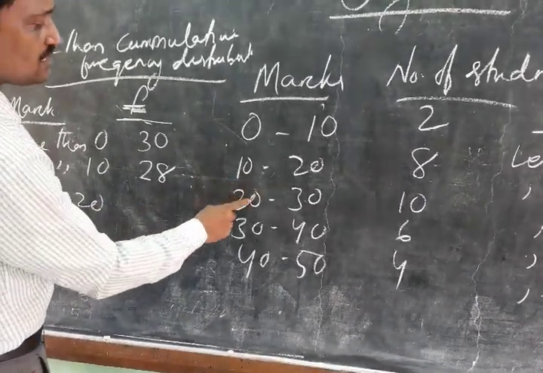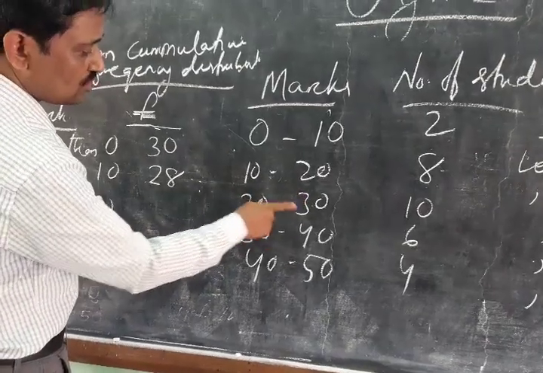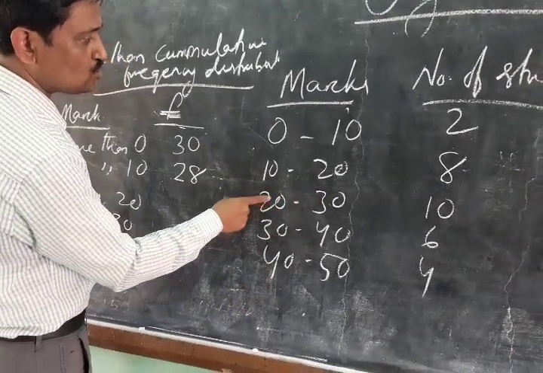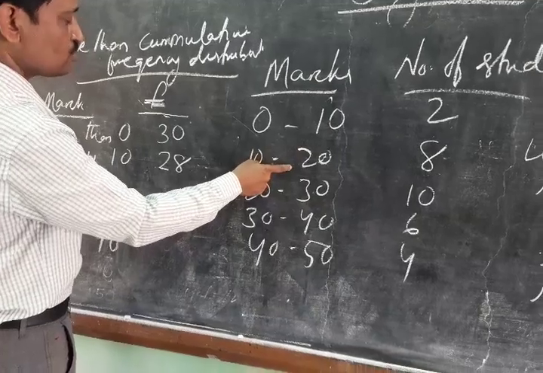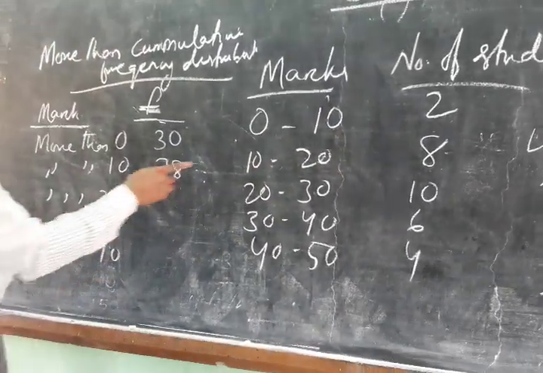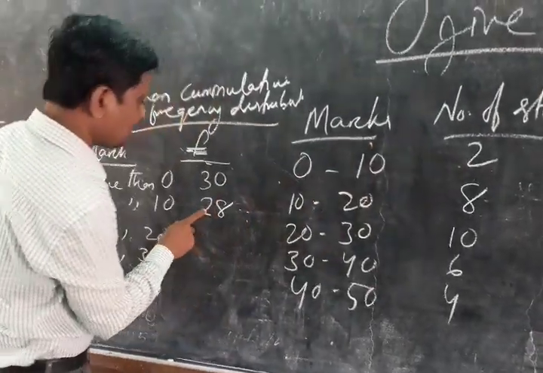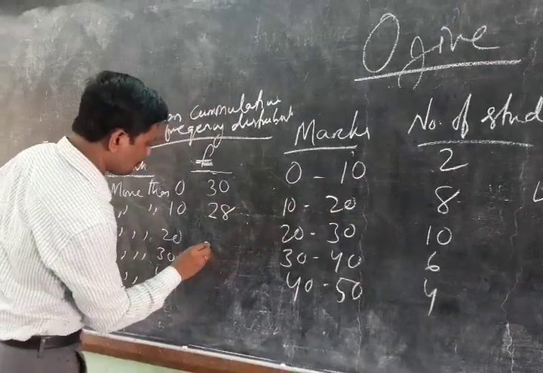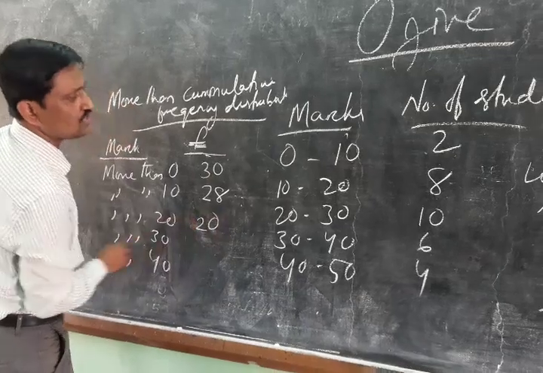Likewise, more than 20 means we include the numbers beyond 20, so we have to deduct 8 from 28. This will be 20.